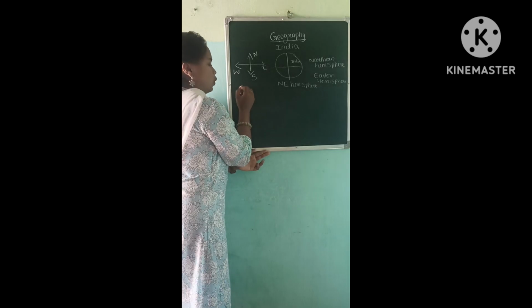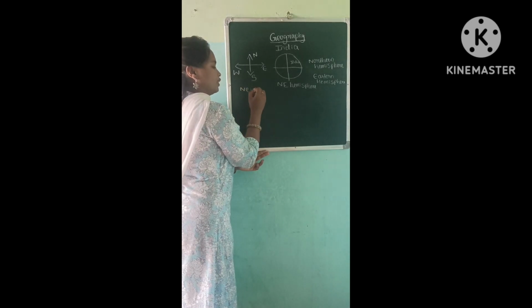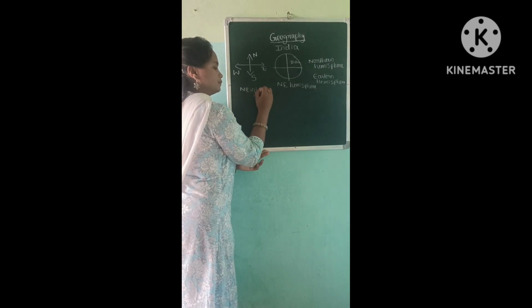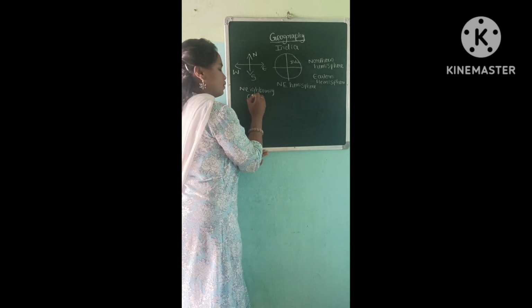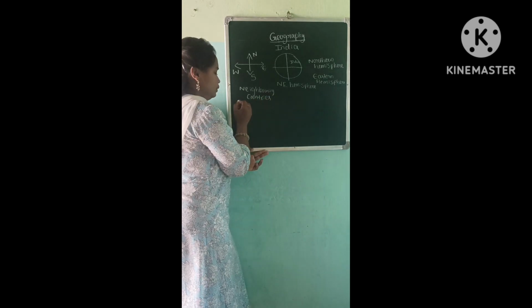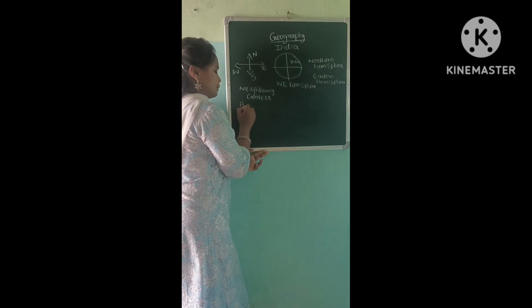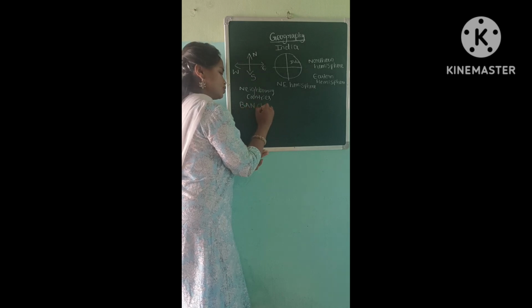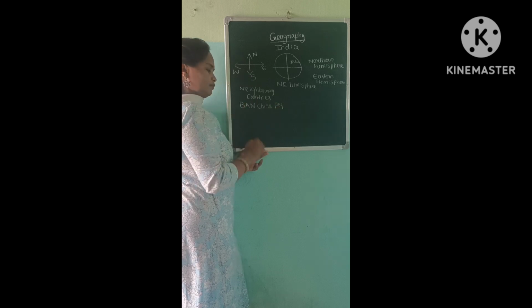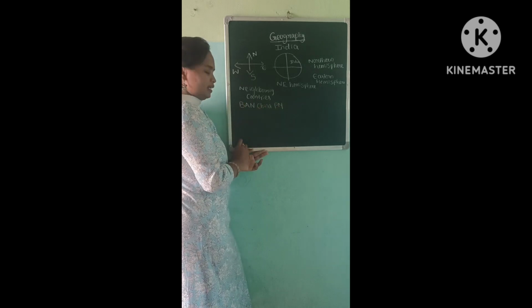Next, what are the neighboring countries of India? How to remember the neighboring countries of India, you know? It is very easy. Simply, you remember this logic: Ban, China, P. Here, China is one country.